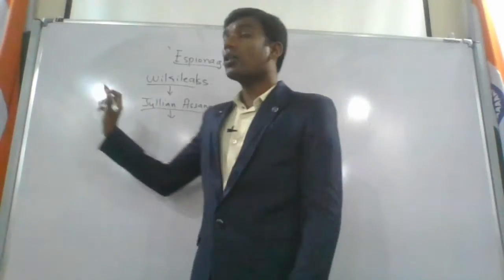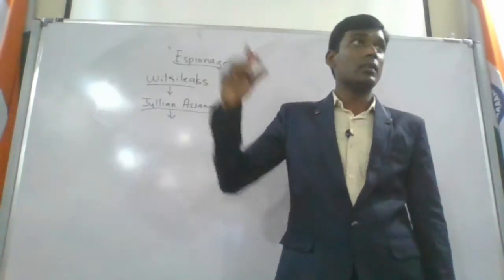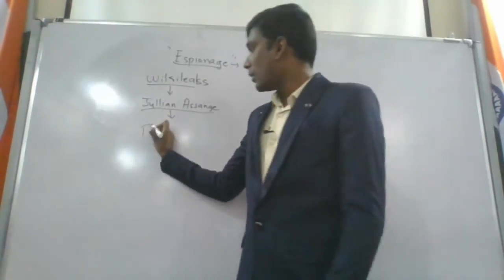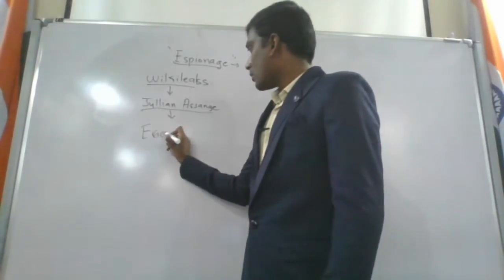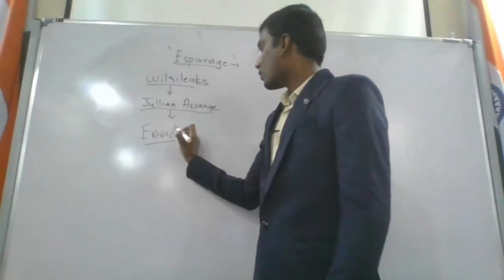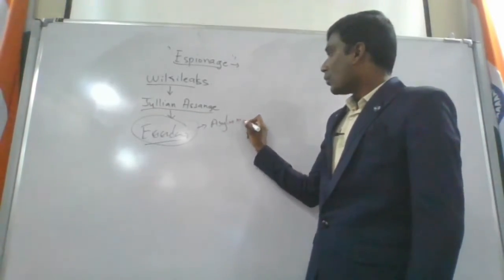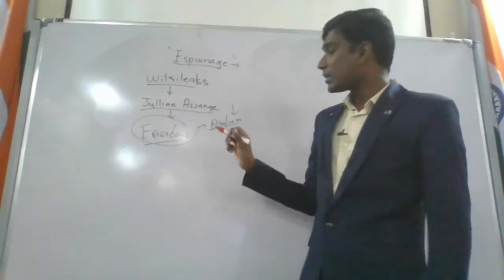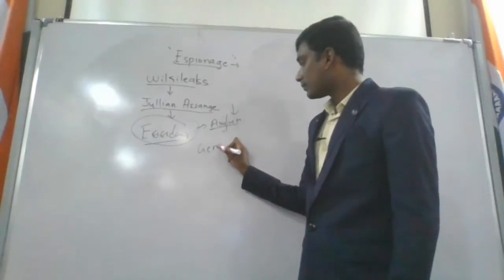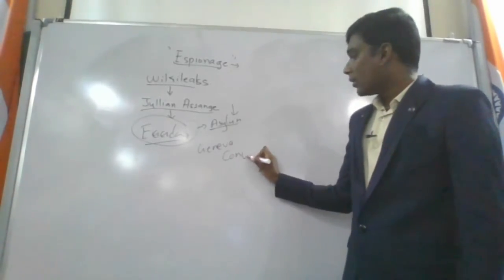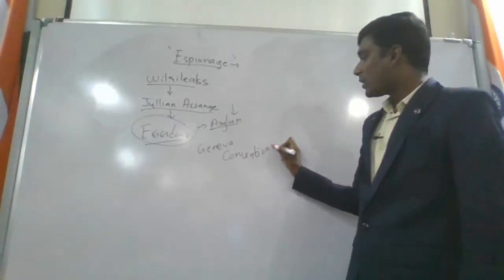But somehow he got asylum in England. There was a country called Ecuador, from South America. This Ecuador gave asylum. Now what are the rules of asylum? There is a rule called the Geneva Convention.